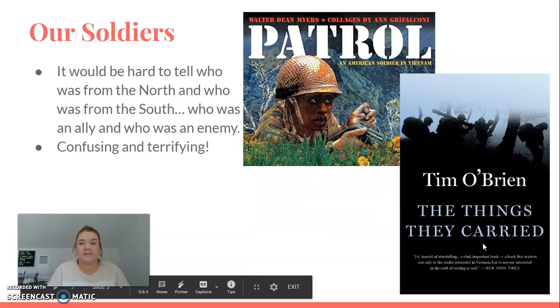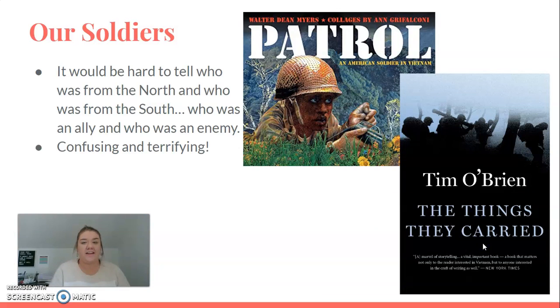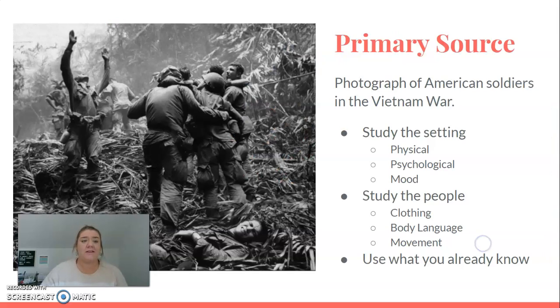So our soldiers from Patrol and The Things They Carried, it would be hard to tell who was from the north and who was from the south, so who was an ally and who was an enemy. They were in a foreign land, they didn't know the people, and so it would be really difficult, I think, to tell who they should be fighting against and who they should be fighting for or with. And that, I think, would be really confusing and honestly terrifying.